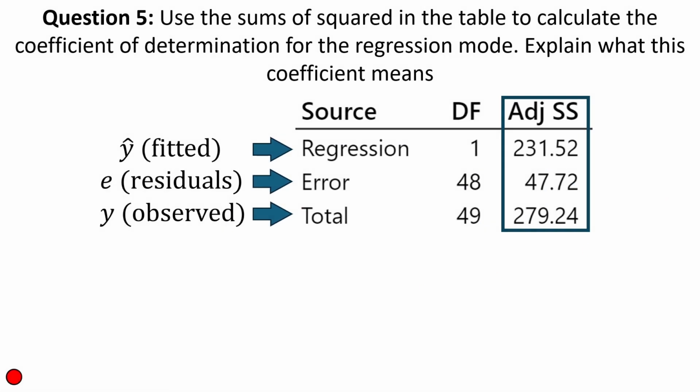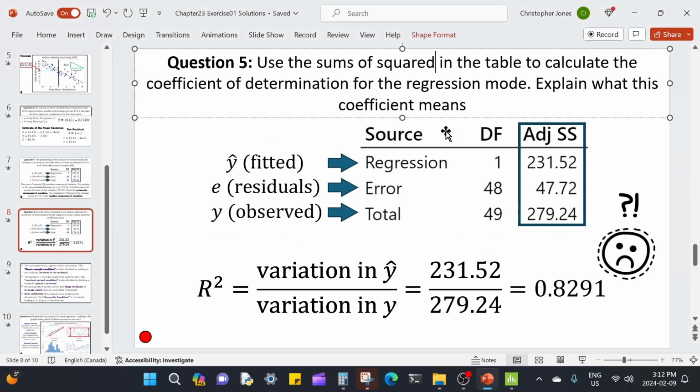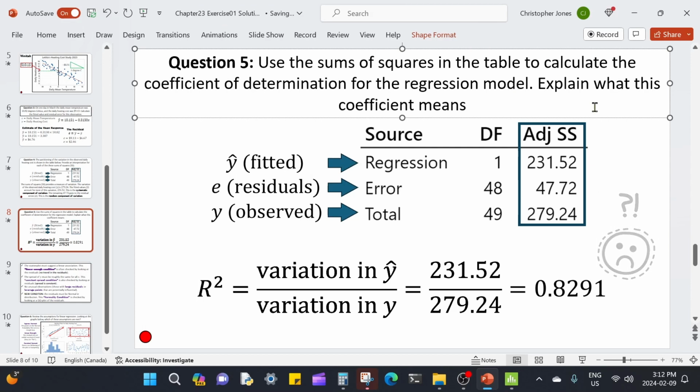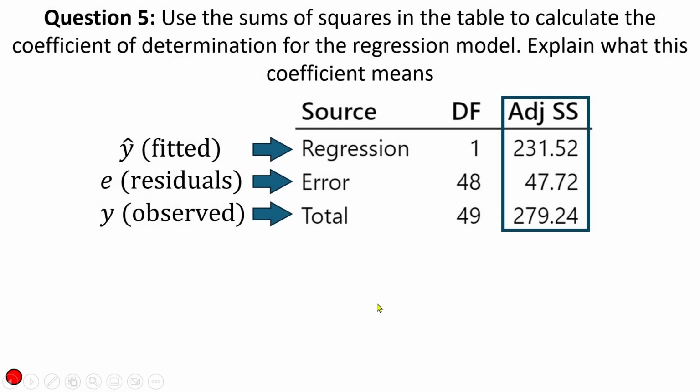Right, so here, question 5, it says use the sums of squares in the table to calculate the coefficient of determination for the regression model. Okay, I see, wow, there are a lot of typos here. That should be sums of squares. That should be regression model. So we're going to calculate R squared, and we're going to talk about what that R squared means.